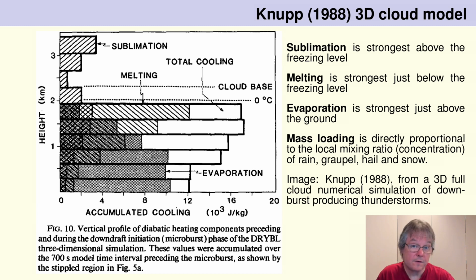You have melting, and melting is a cooling process as well, and you'll notice that melting is a pretty dominant process just below the melting layer, and as you approach the ground, you see that evaporation becomes dominant, which makes sense. You're melting more water substance, so you have more available liquid water substance for evaporation as you encounter drier and drier air, or air that has a lower and lower relative humidity, let's say, as you approach the ground.